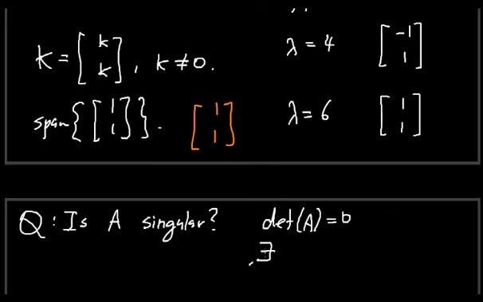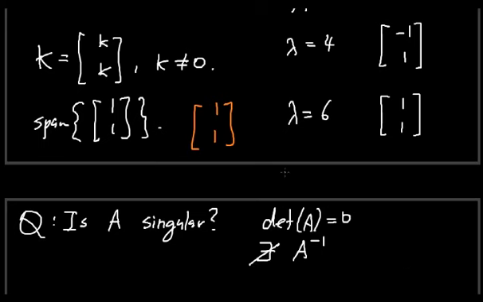The inverse does not exist. So the backwards E here is a mathematical way of saying something exists, and I've just crossed it out to mean that something does not exist. So a matrix is singular when it is not invertible, when it doesn't have an inverse, or in other words, which is equivalent, when its determinant is 0.